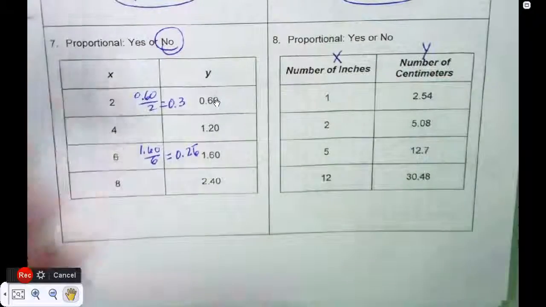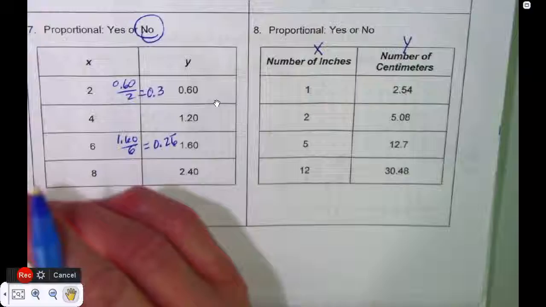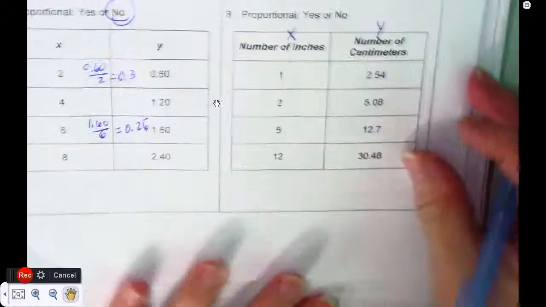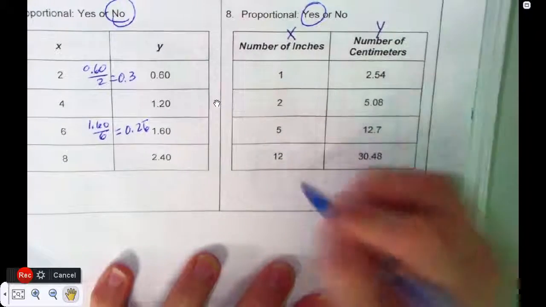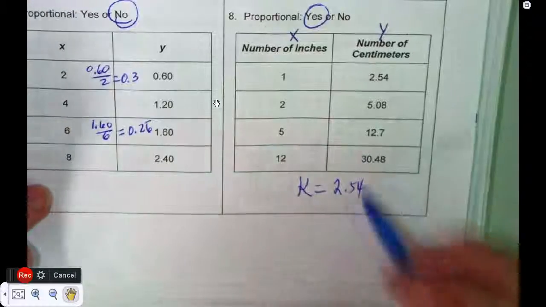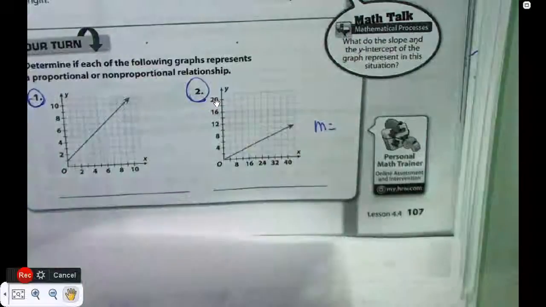Okay, so that is a no. 8, yes or no? Yes. What's K? 2.54. All you're doing is dividing the y by the x. Okay, put that in your practice.